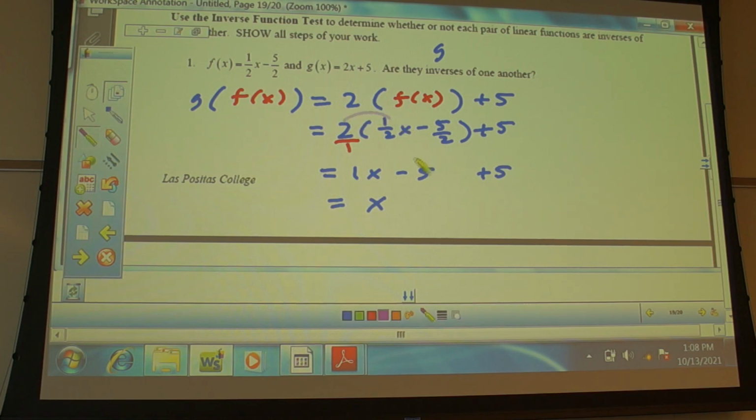2 times 1/2, that's 1x. 2 times -5/2, that's -5. Do you want me to write that in between step? I can do that.